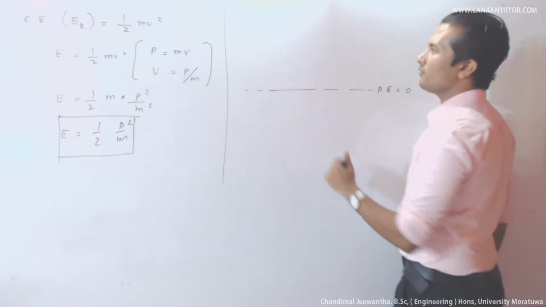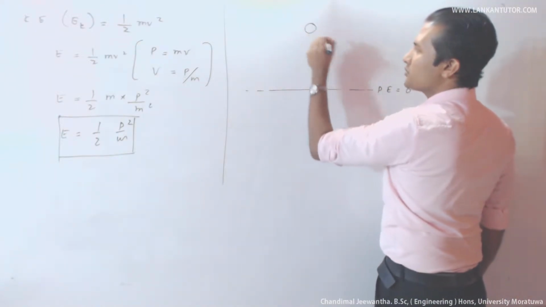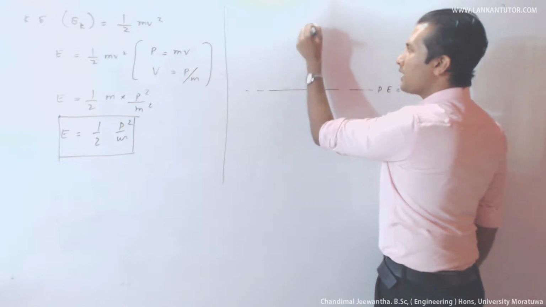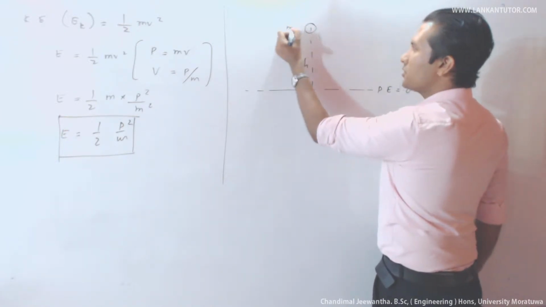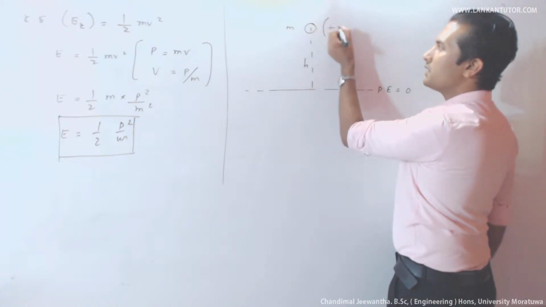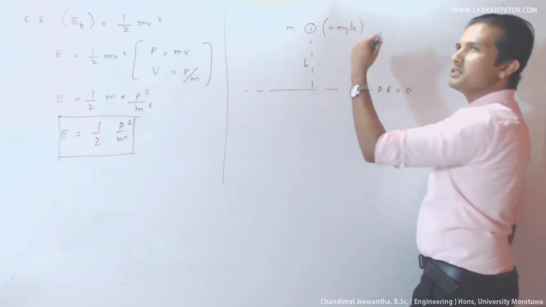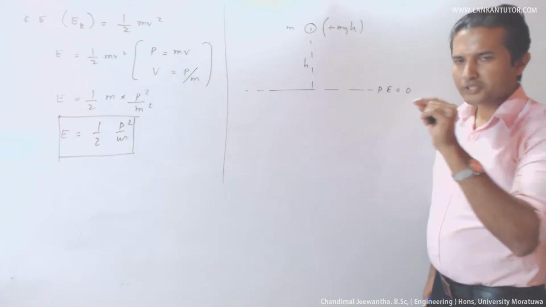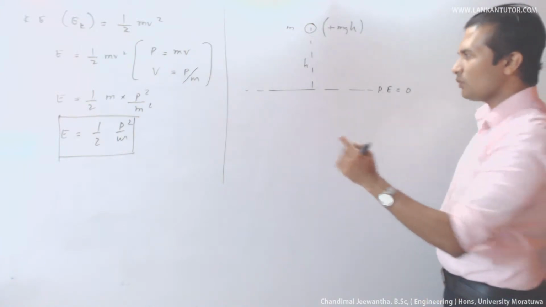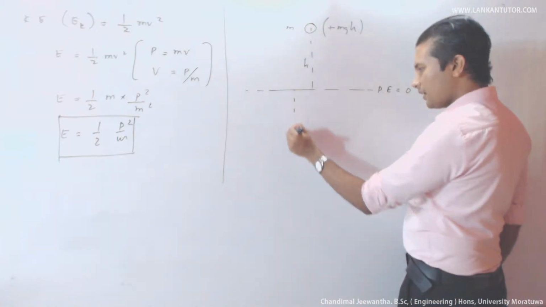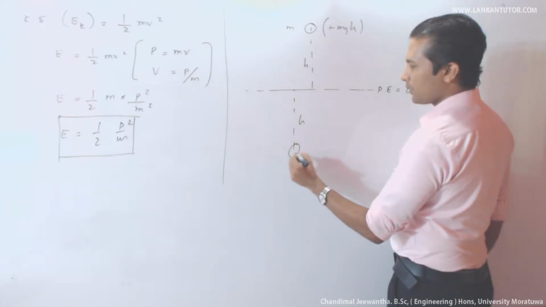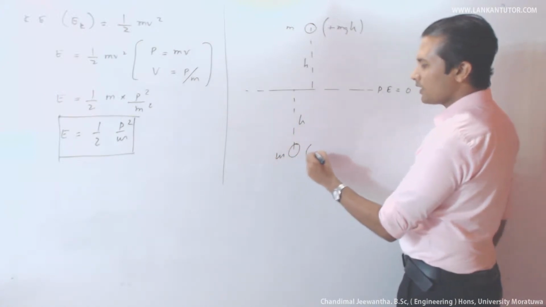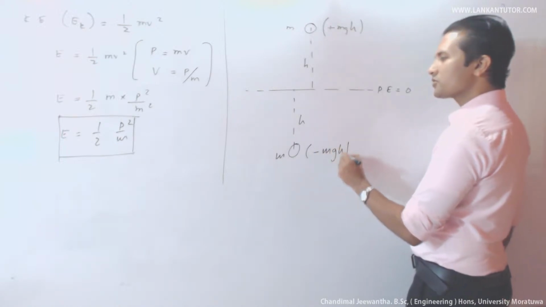When an object of mass m is at a height of h, you can consider the potential energy as plus mgh. While the object is at a depth of h, what happens? The potential energy is minus mgh.